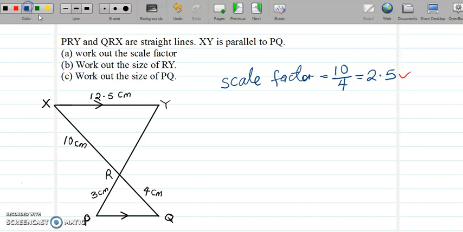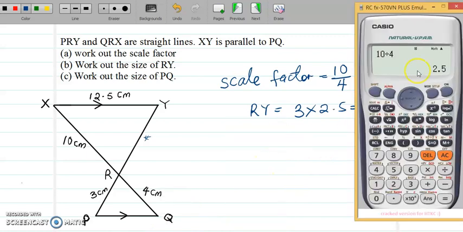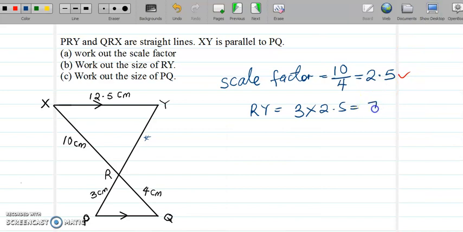So 3 times the scale factor 2.5 gives us 7.5. So here is 7.5 cm.